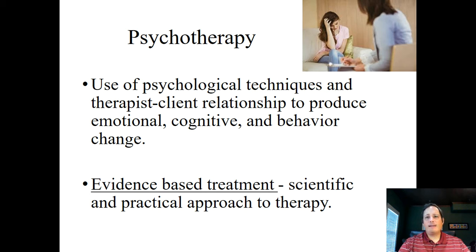Speaking of proven, that gets us into evidence-based treatment. And what that simply means is the treatment has been tested in an experimental way to try to prove that it is effective in treating whatever issues have arisen. So, for instance, cognitive behavioral therapy, as we will be looking into, has been proven to be very effective in the treatment of anxiety and depression and treating underlying cognitions.